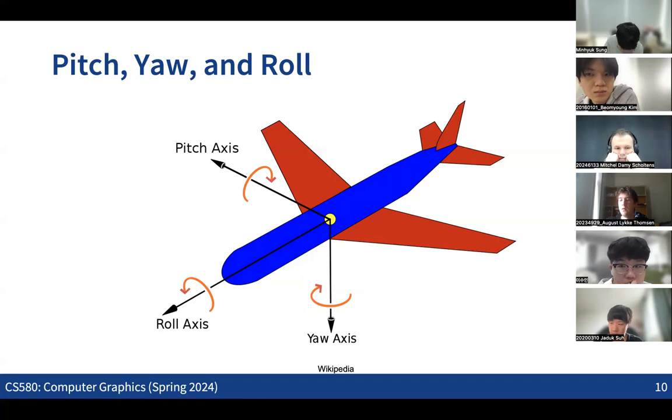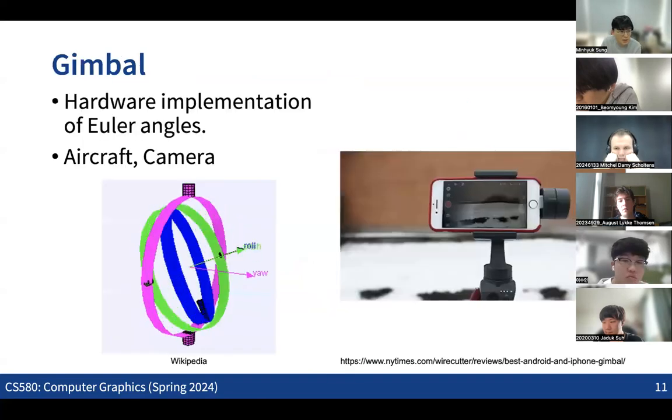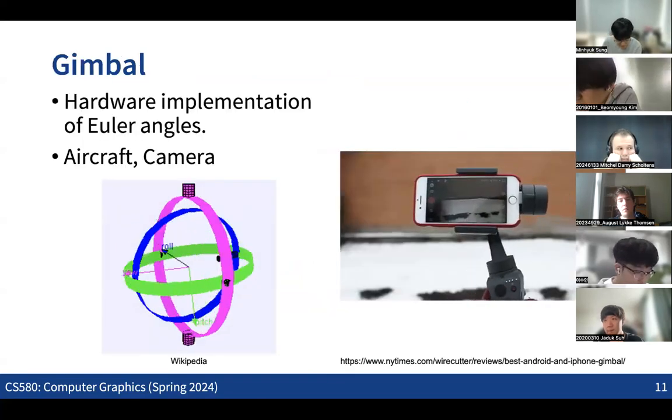The yaw is the angle controlling the direction that the aircraft is heading to. So these are three terms to represent the three angles in controlling the flight of the aircraft. And this idea of having three angles to represent the 3D rotation has been used in many applications.